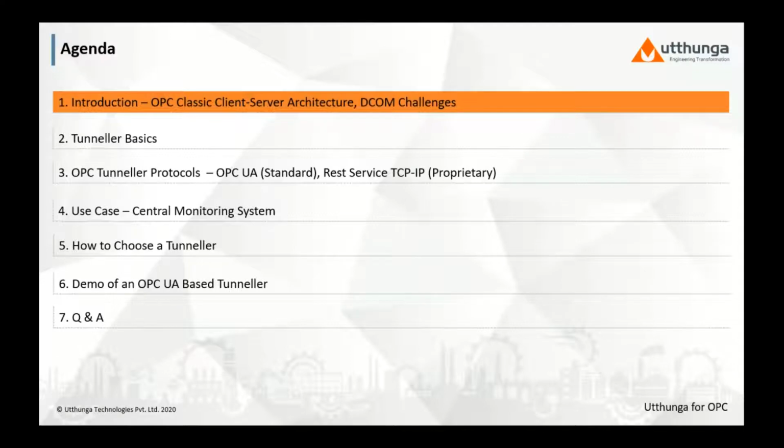Then we'll also walk through a use case with the central monitoring system, how you can achieve it using a tunneller. And followed by, we will give a brief on how to choose a tunneller with the features and the benefits as an end user. Then followed by a demo of an OPC UA based tunneller. Then we will finally have a Q&A.